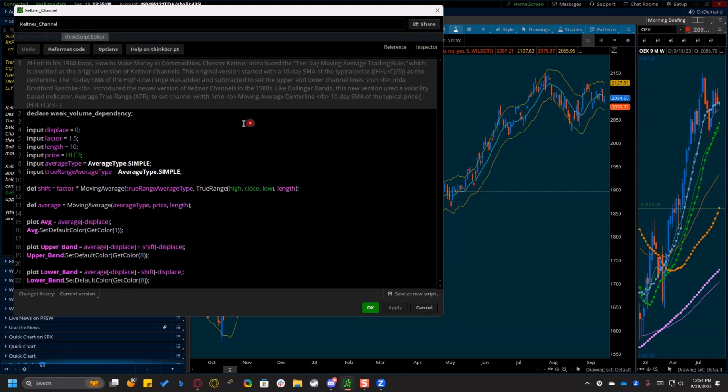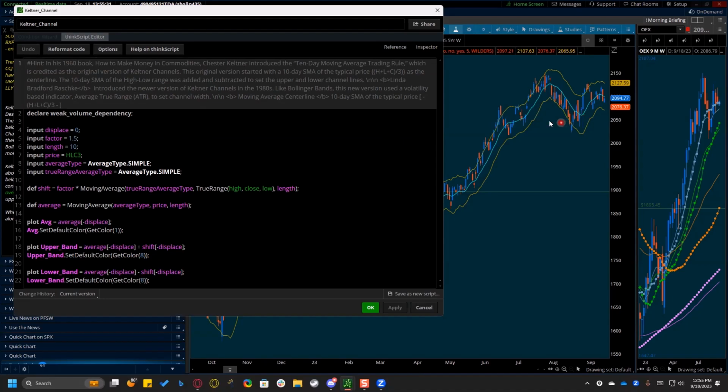Now, along the way, Linda Raschke changed things. She introduced a newer version, which is what we almost all use today, and it's much more like a Bollinger Band. It's a volatility-based indicator using average true range to set the channel widths, although she still kept the 10 SMA of the high-low-close divided by 3.